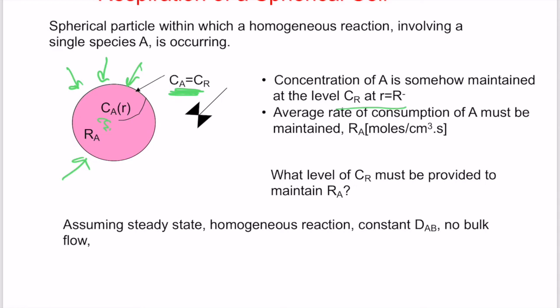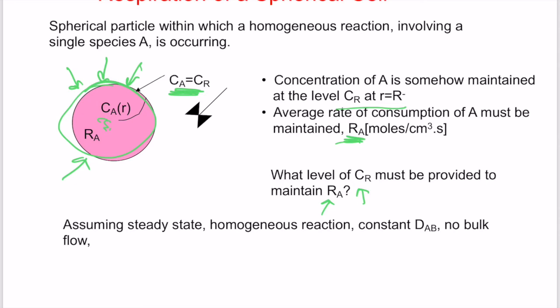The average rate of consumption of A is given here as a constant, and the question is what level must this be in order to maintain that reaction rate? I'm trying to think about what kind of situations might approximate something like this. Perhaps this is a cell or a sphere of cells.